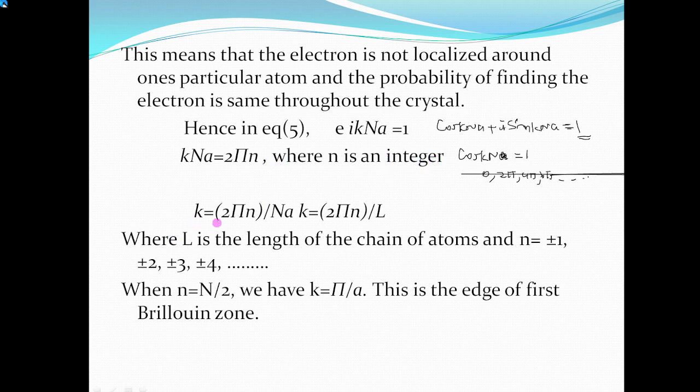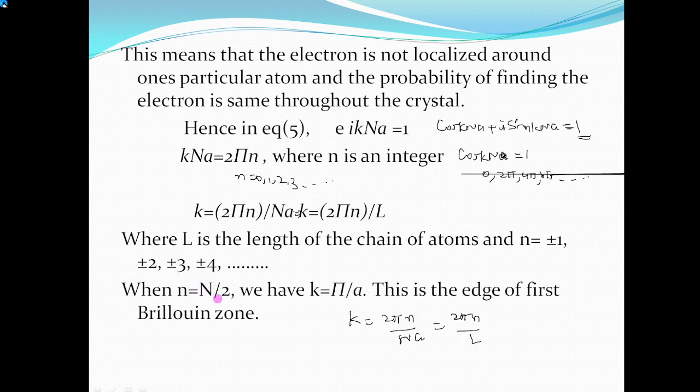So from this we can write k, where n can be 0, 1, 2, 3, and so on. So k is equal to 2 pi n by Na. So k is equal to 2 pi n by L, since Na is nothing but L. Here n can take the values plus or minus 1, plus or minus 2, plus or minus 3, plus or minus 4.